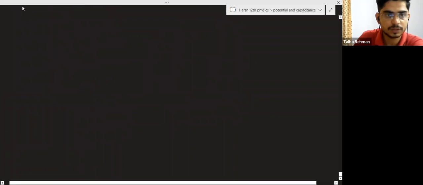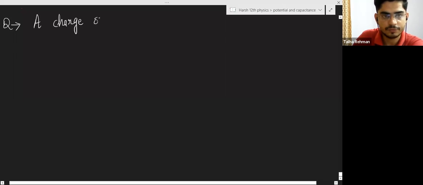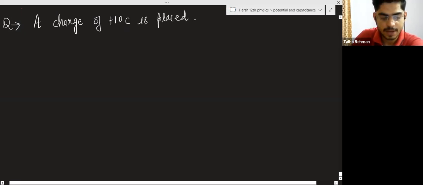So there is a question. A charge of plus 10 coulomb is placed at the center of a sphere.